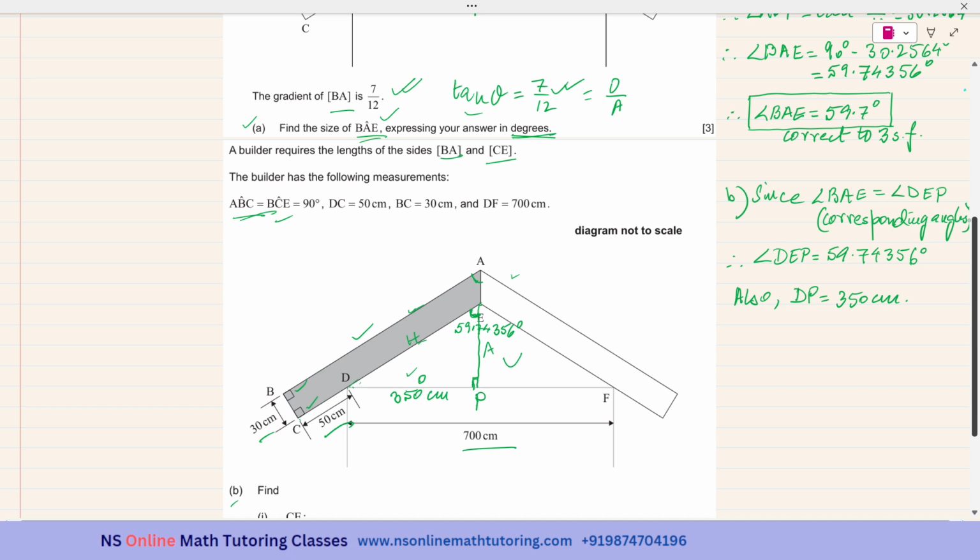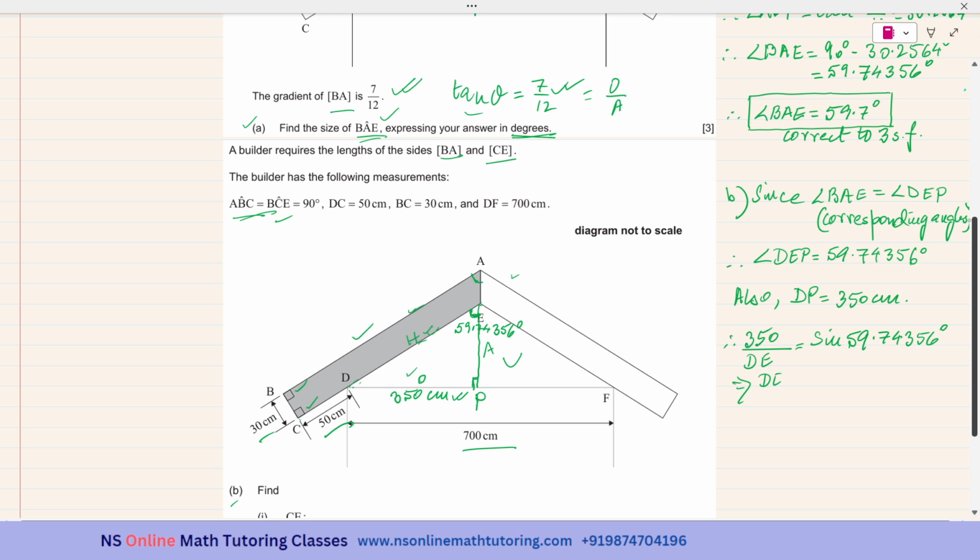Therefore, since we know this side and we need this side, we will be using the sine ratio. So 350, that is opposite, over hypotenuse, which is DE, should be equal to sine 59.74356 degrees.